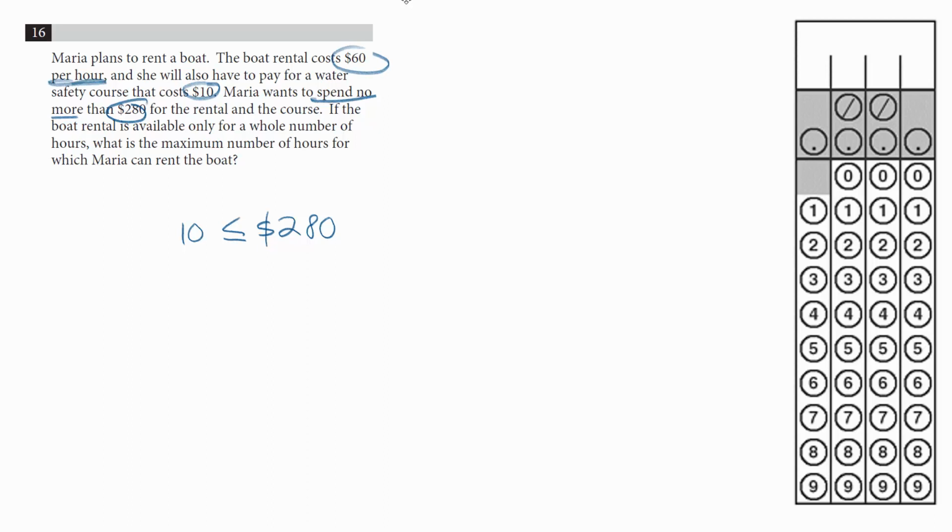So if she spends 1 hour, she'll spend $60 on the boat and then $10 for the course. So for however many hours, she spends $60 per hour plus another $10, and as long as all of that is less than 280, she's good to go. So now we have an equation, which is an inequality with one unknown, and now we can solve for h.